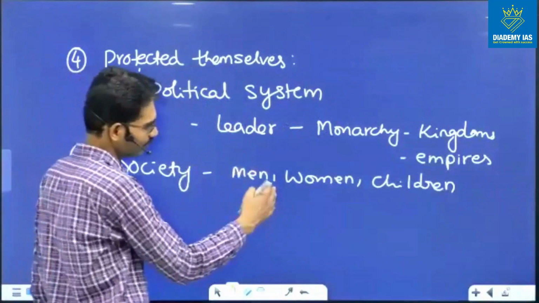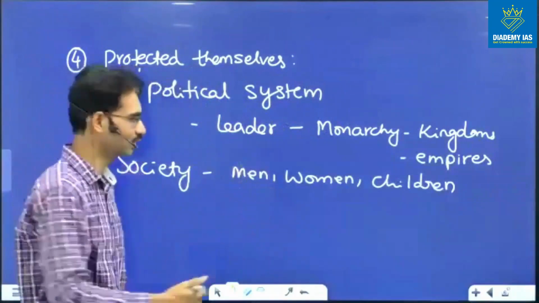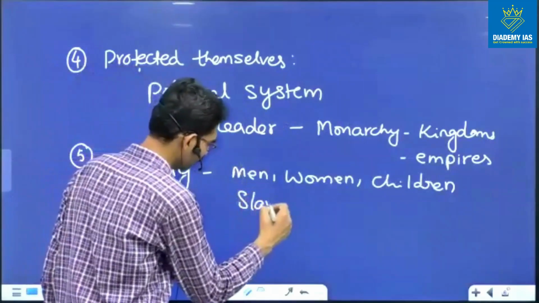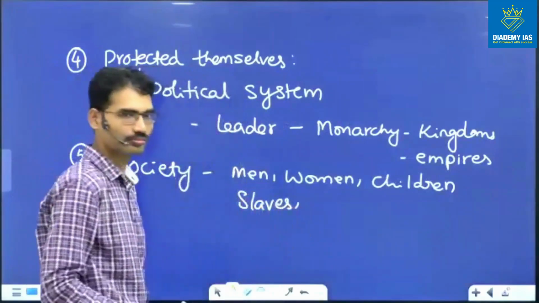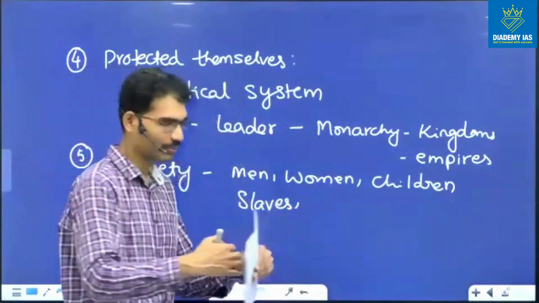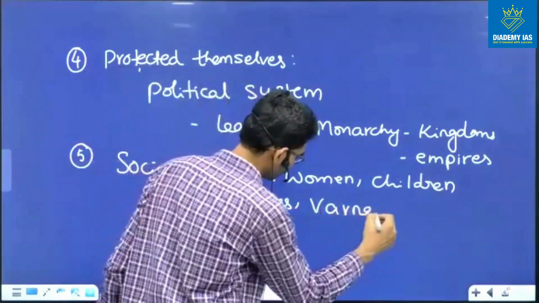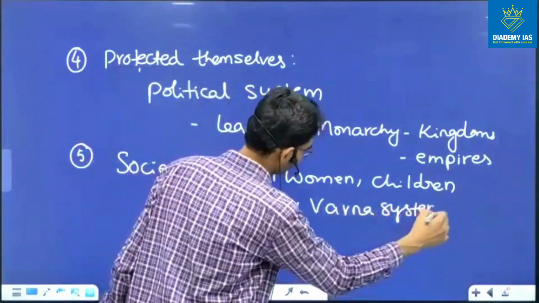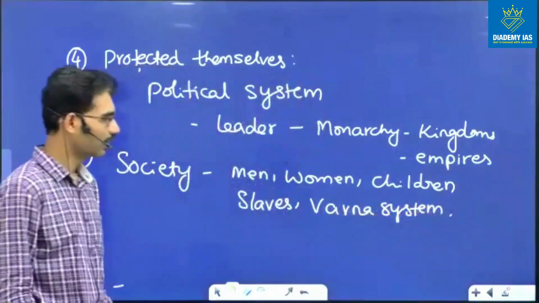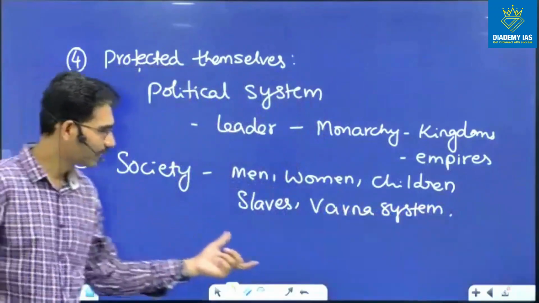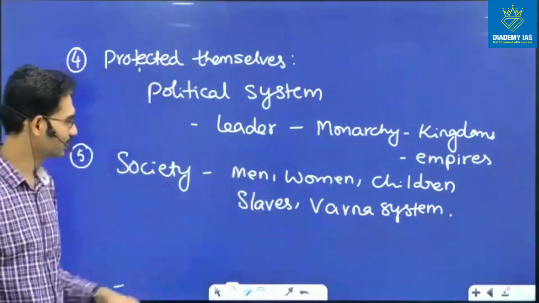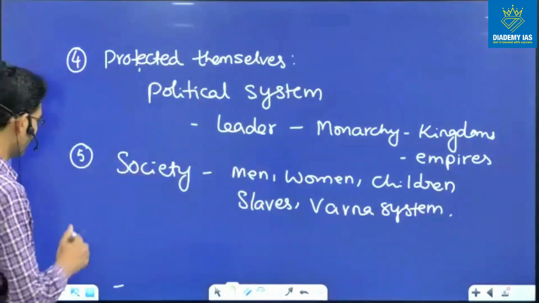Then gradually, different social systems emerged, like slaves. Then when different people emerged, they started segregating. Varna system. Likewise, different categories in the social dynamics emerged and the society angle.